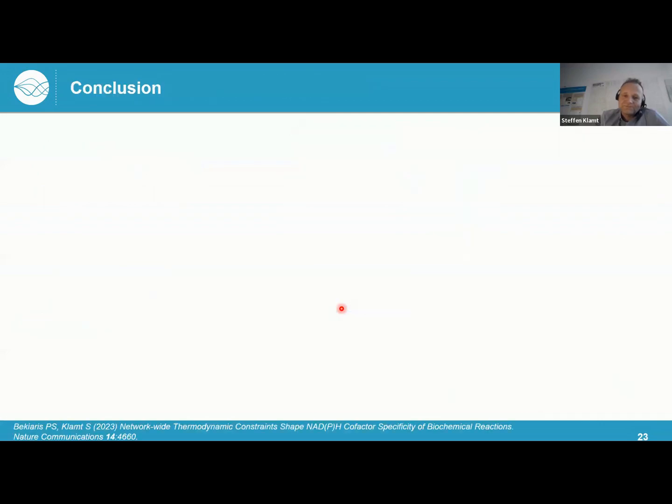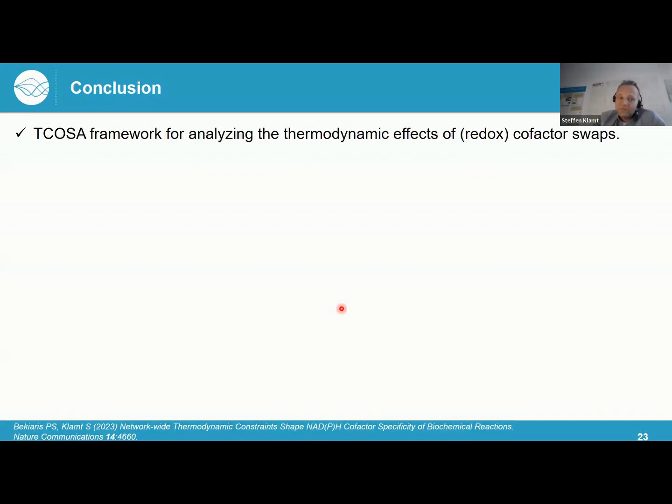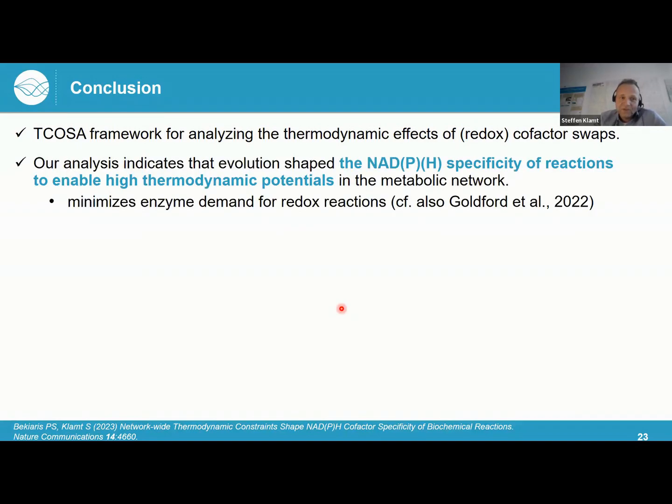Okay, so that brings me to the conclusion. We developed the TICOSA framework for analyzing thermodynamic effects of redox cofactor swaps. Our analysis indicates that evolution has shaped the NAD and NADP specificity of reactions in a way that enables high thermodynamic potentials in the metabolic network.